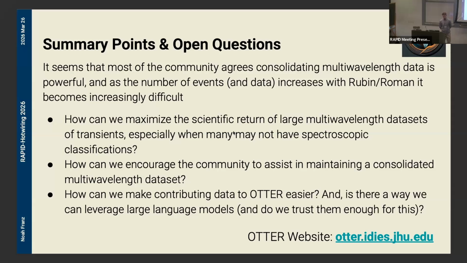And so some questions I have for you all are, how can we encourage the community to assist in maintaining a consolidated data set like this? And related to that, how can we make contributing data easier? Does anyone have feedback on this, things like that? And if you do, please open a GitHub issue, please get in contact with me, things like that.